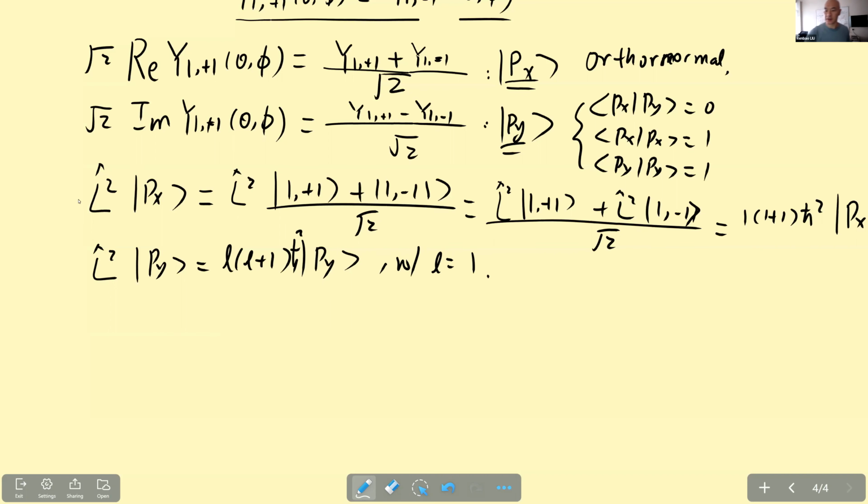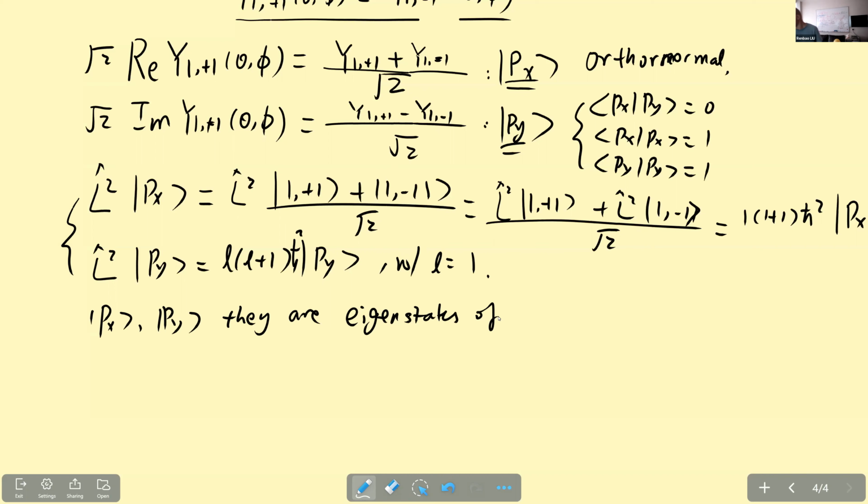So for these two, px and py, they are eigenstates of L squared.